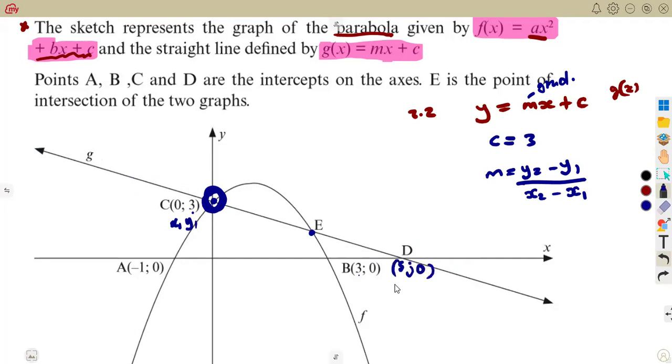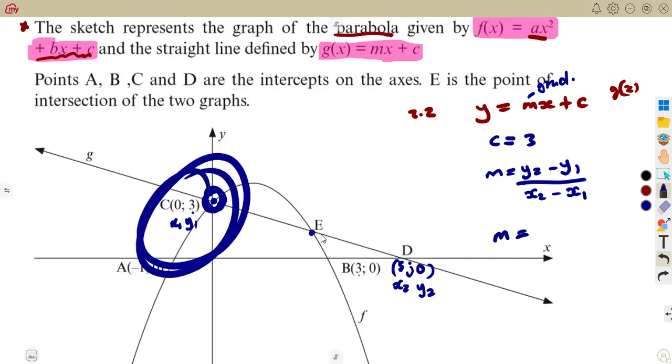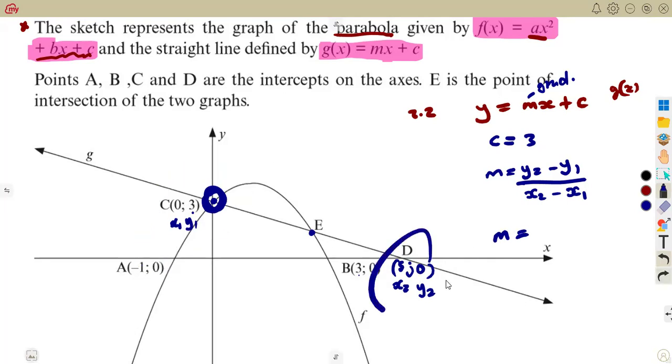We are going to use this as x2, y2. Naming these points is up to you. So y2 is 0 minus y1, which is 3, over x2, which is 5, minus x1, which is 0.